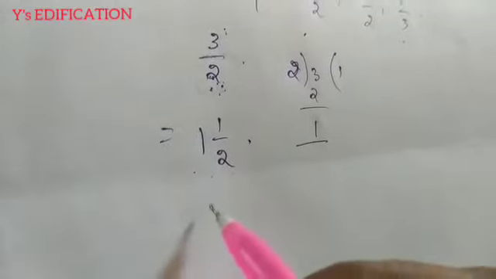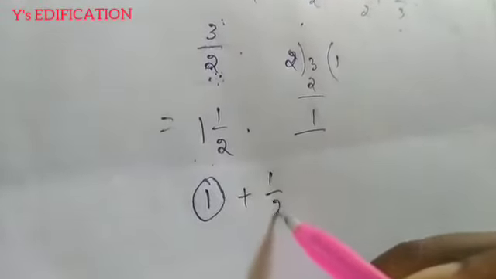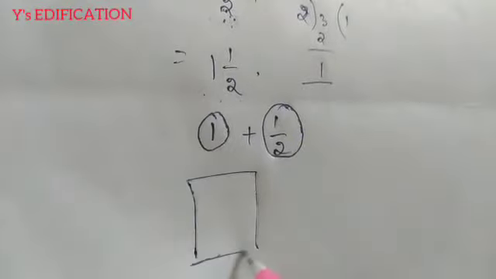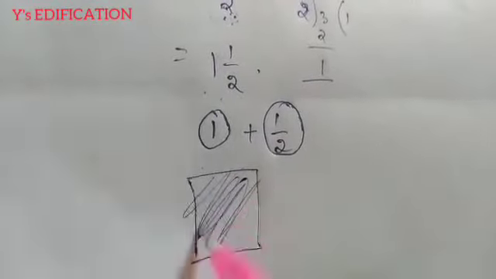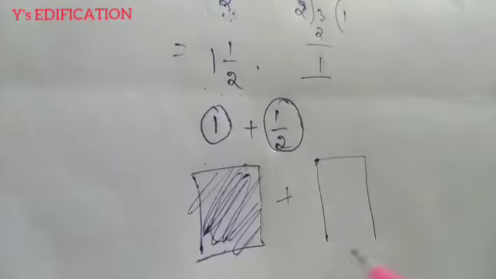1 and 1 by 2 means one part should be shaded completely and half of another figure should be shaded. Let me take one square. I have shaded this one completely, and from the next figure I shade only half.